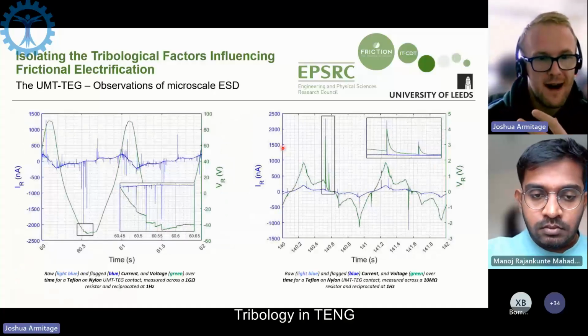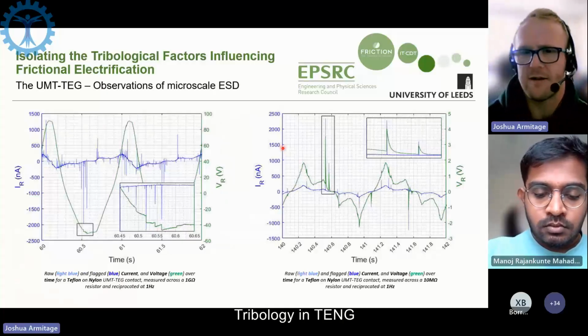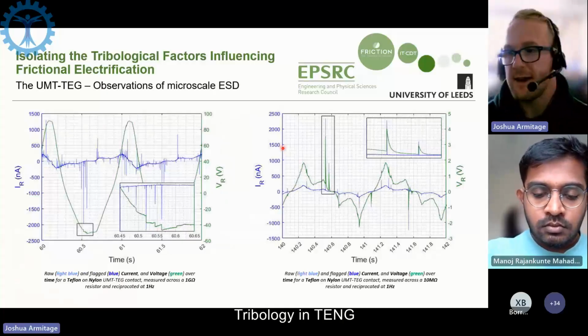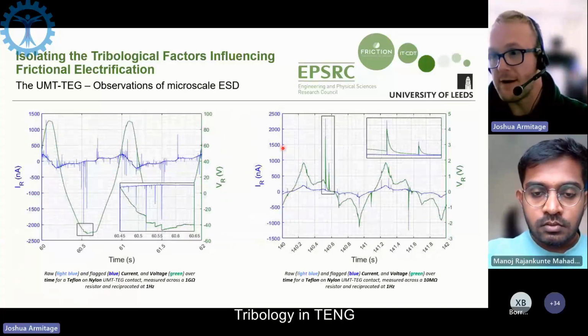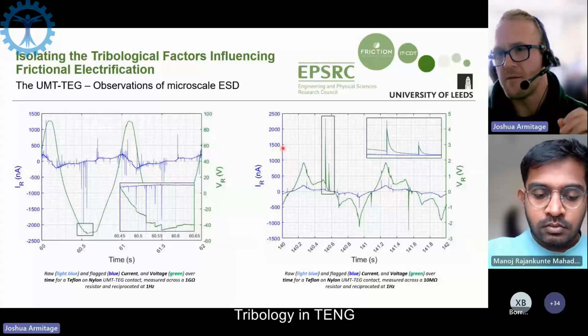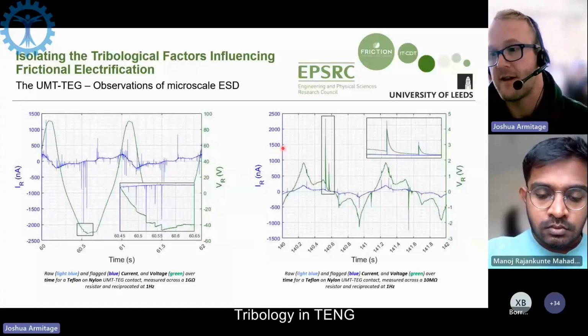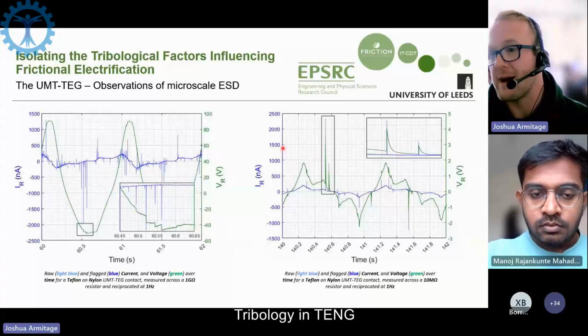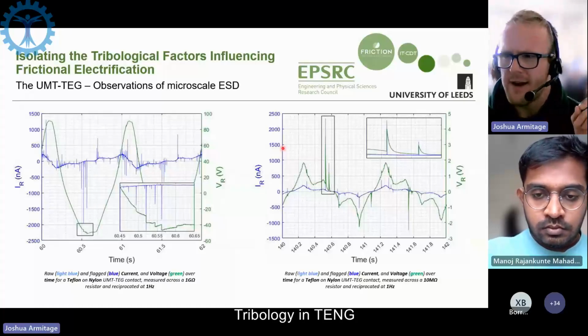So carrying on from that, we've also spotted some really interesting data. As well as seeing our overarching alternating current between the two electrodes as we move the block, we're also seeing very small, very quick spikes in current, which we're attributing at the moment to electrostatic discharges happening across the contact. So we had the buildup of charge, but then what I can describe as very tiny microscale lightning bolts happening across the contact.